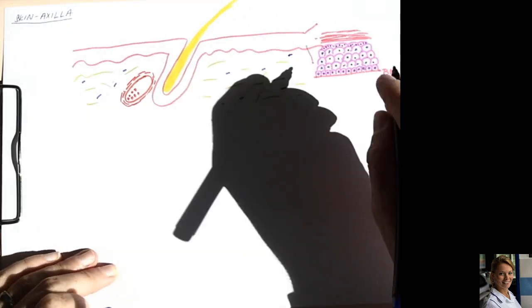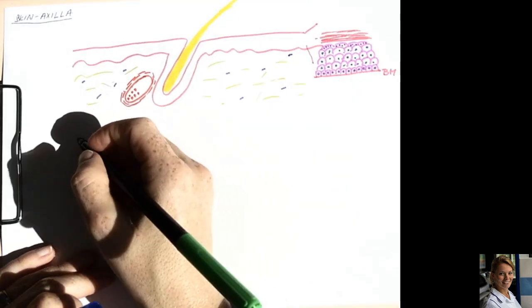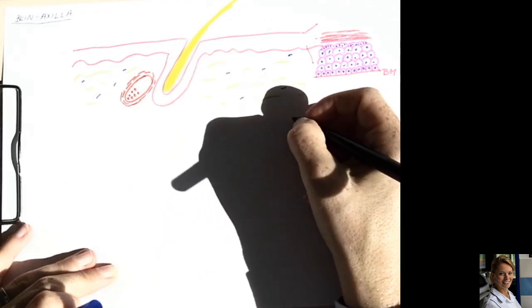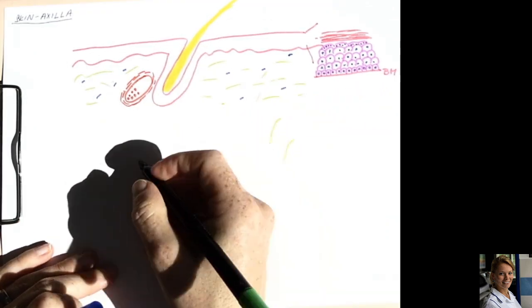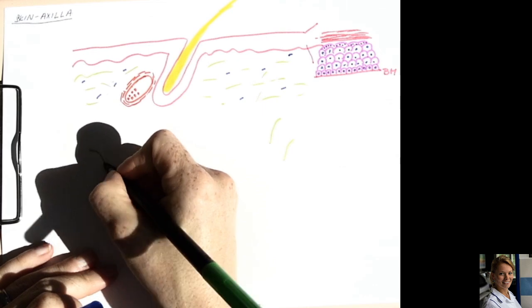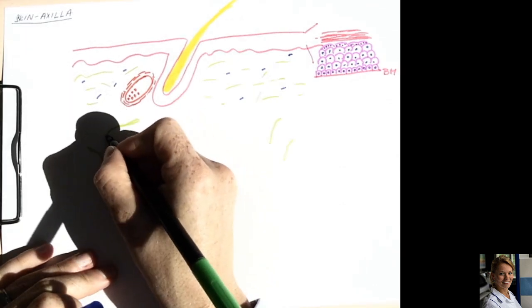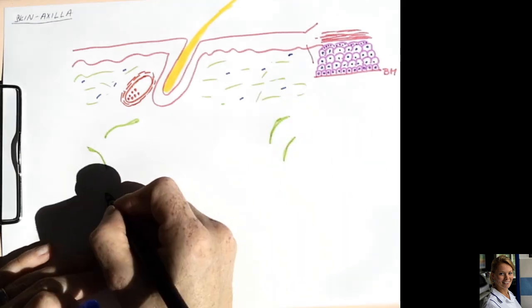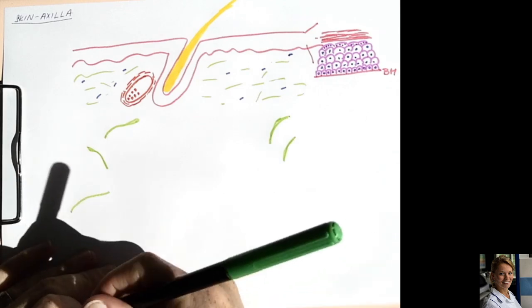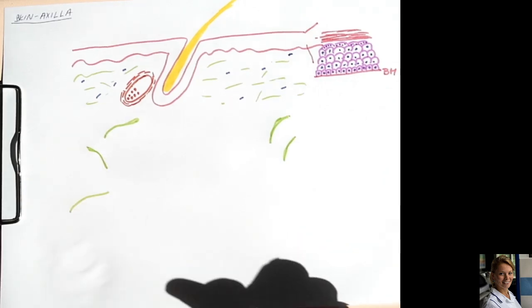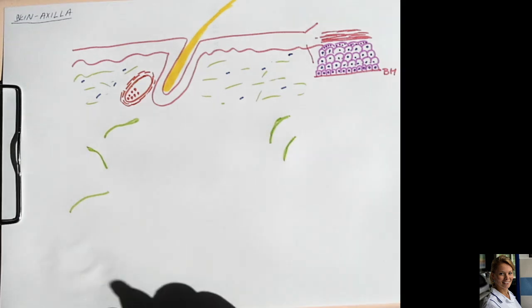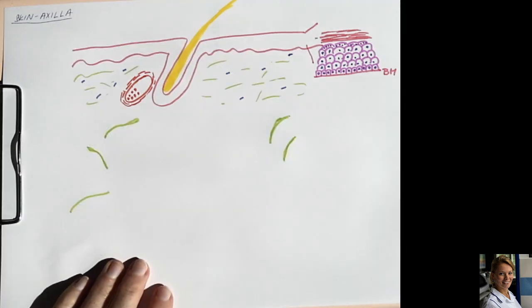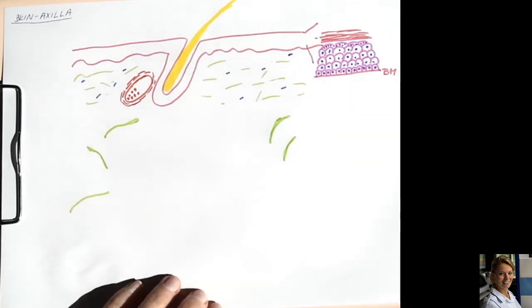And the deeper layer of the dermis is the reticular dermis with stronger collagen fibers. And in the reticular dermis, there are also three types of skin glands.